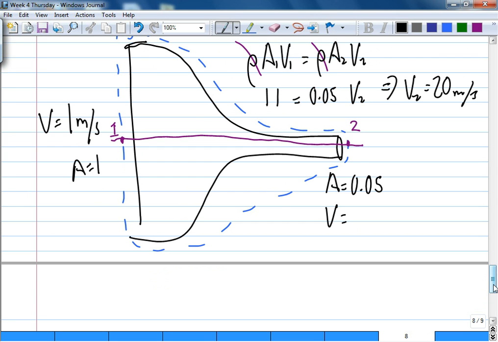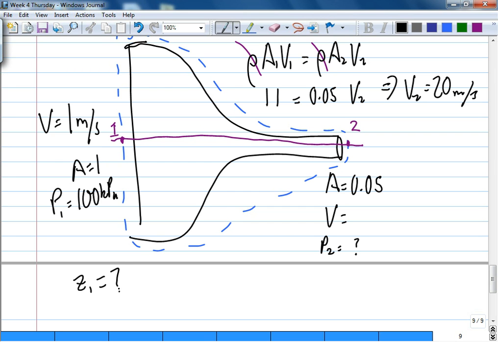Okay. So let's say P1, the pressure, is 100 kPa, what's the pressure at P2? I don't know what Z1 is, but all I know is it's equal to Z2. It's the same elevation. It's a horizontal pipe.